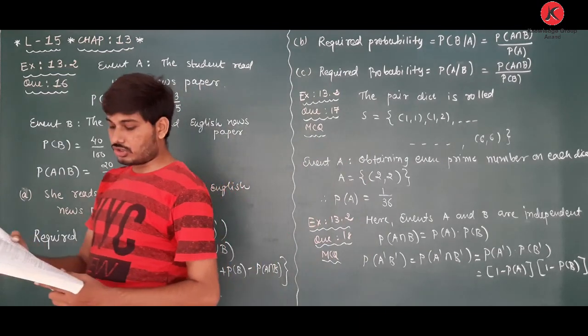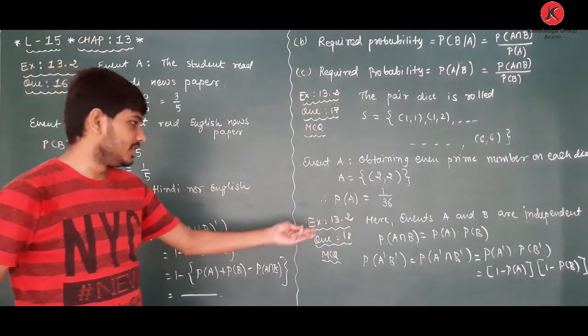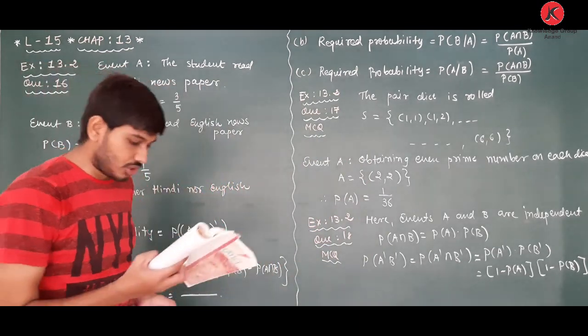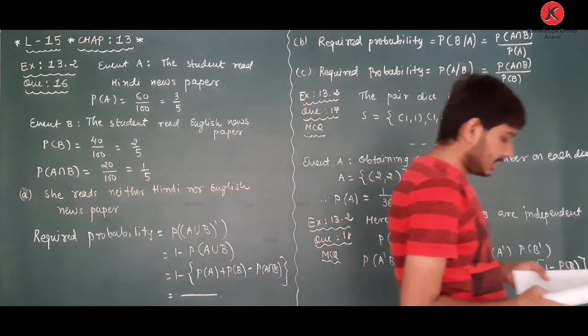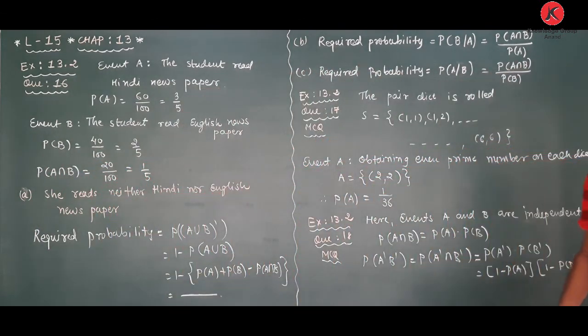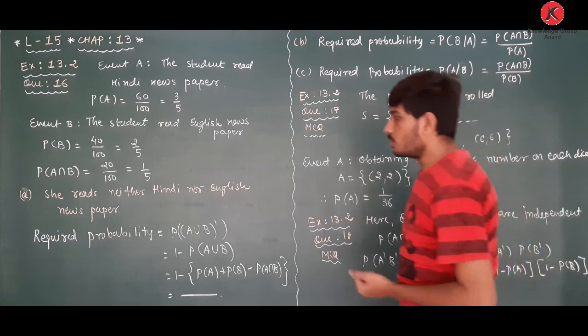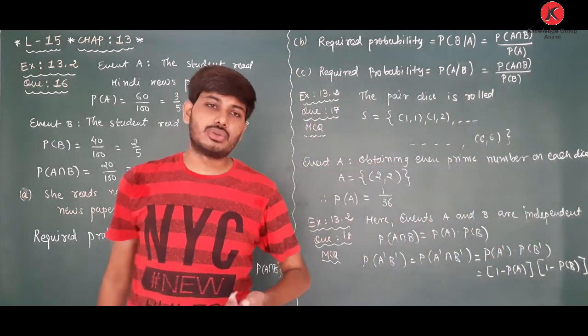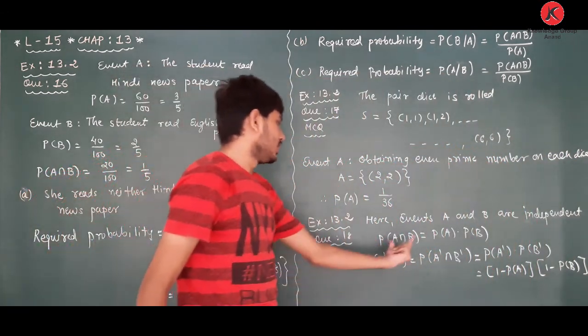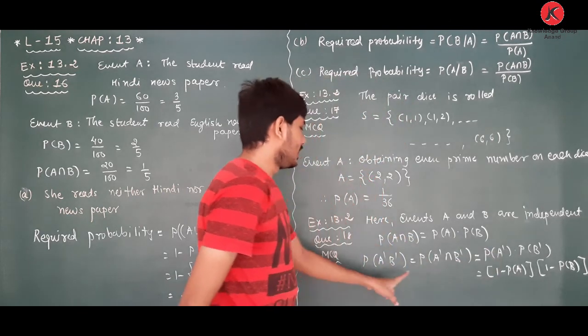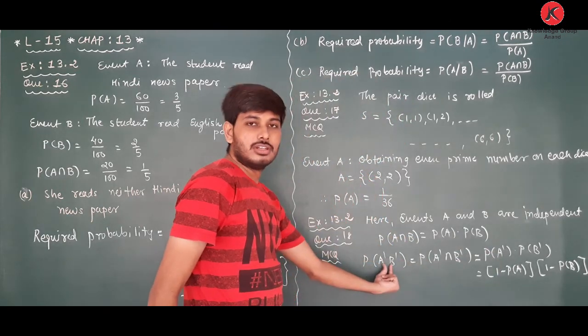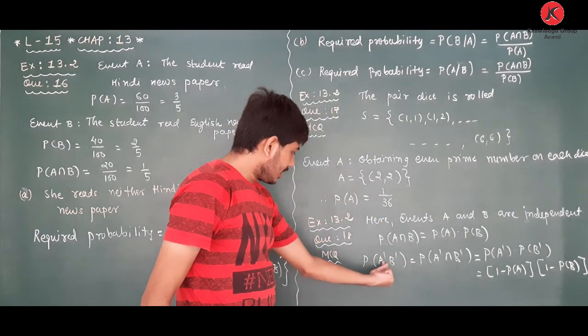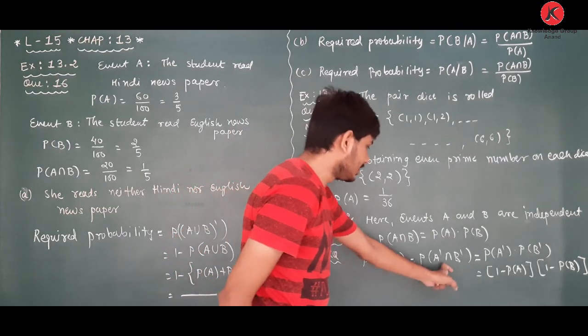Option C is not suitable. Probability of A equals probability of B is not necessarily true. And option D is also not necessary: probability of A plus probability of B equals 1 is not required. Only this one is the important condition, as well as this. Remember, if intersection is not written and only this is written, then it means this.